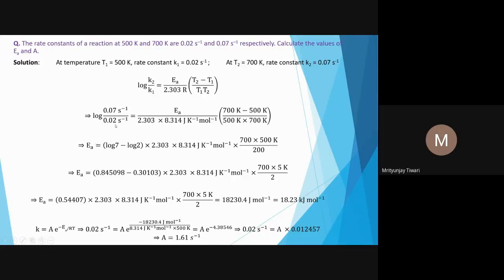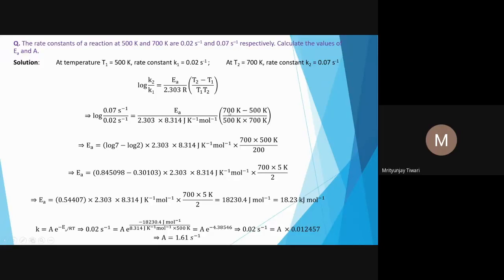So EA will be equal to log 7 minus log 2 into this value multiplied by 2.303, multiplied by 8.314 joule per Kelvin per mole, and this term is in the multiplication, so this will be reversed, so 700 into 500, and there is 1 Kelvin above, so one can take 1 Kelvin as common here, 700 minus 500.